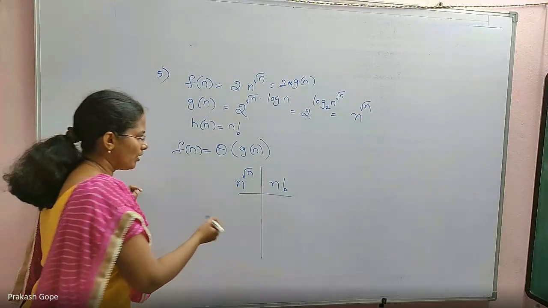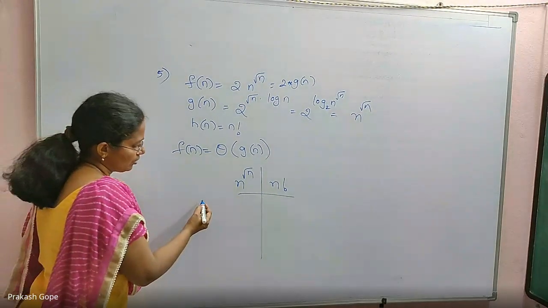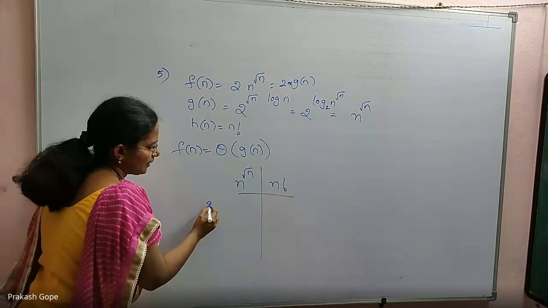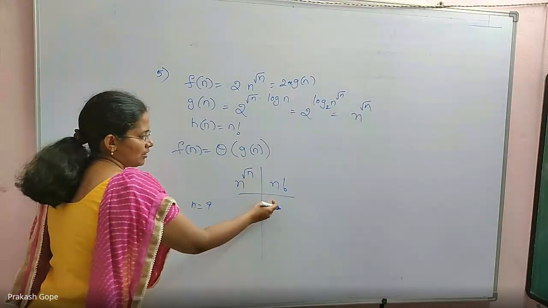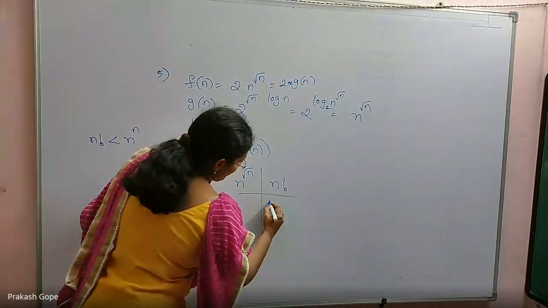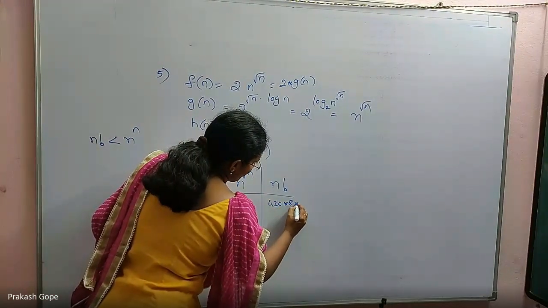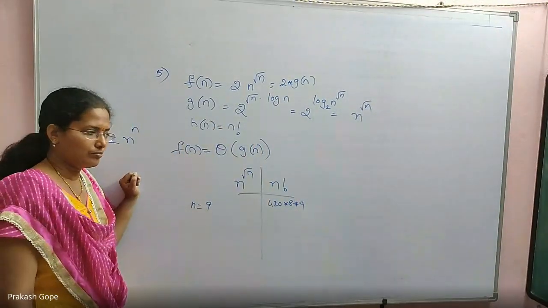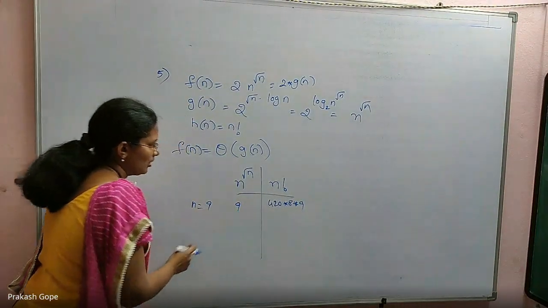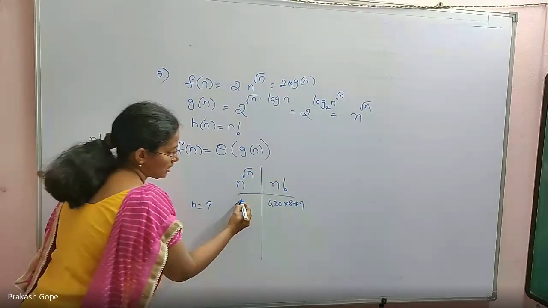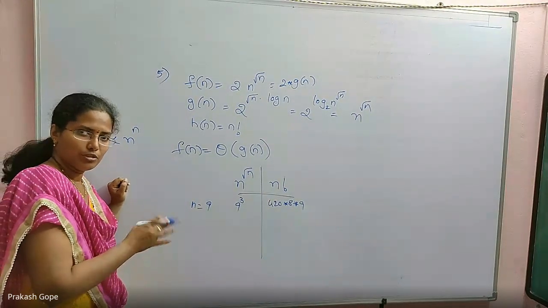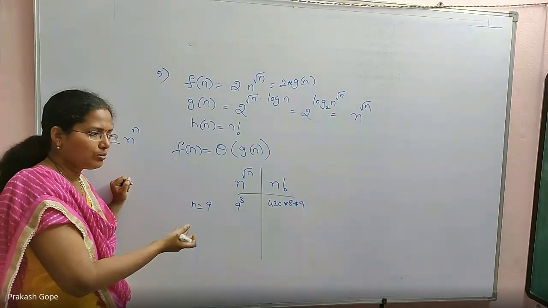Let's give some small values for n factorial. Shall we say 9 factorial? n value is 9. 7 factorial is 5040, so 5040 into 8 into 9. That is n factorial value. What is n power root n? n is 9, but root n is 3, so 9 cube. You know the value, 9 cube is 729, which is much less than 1000.